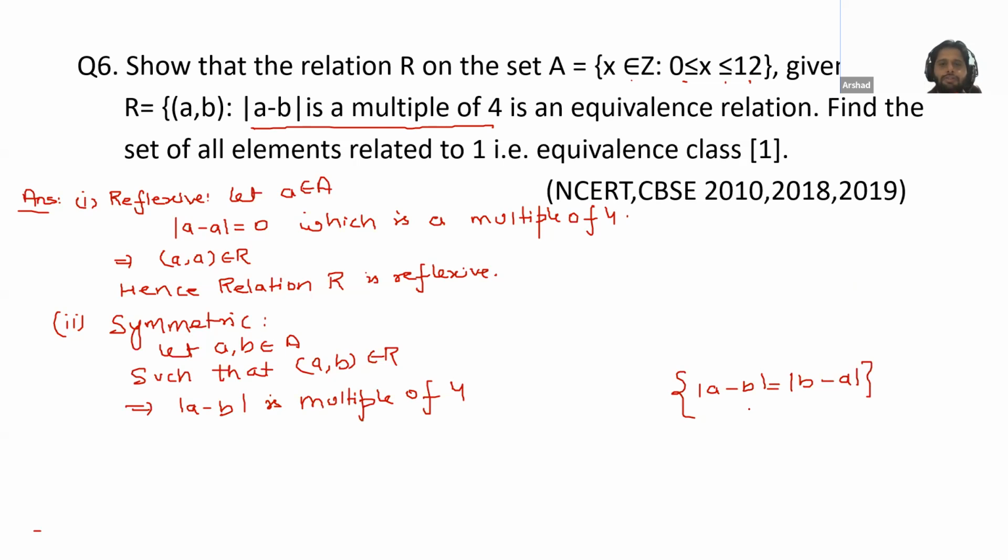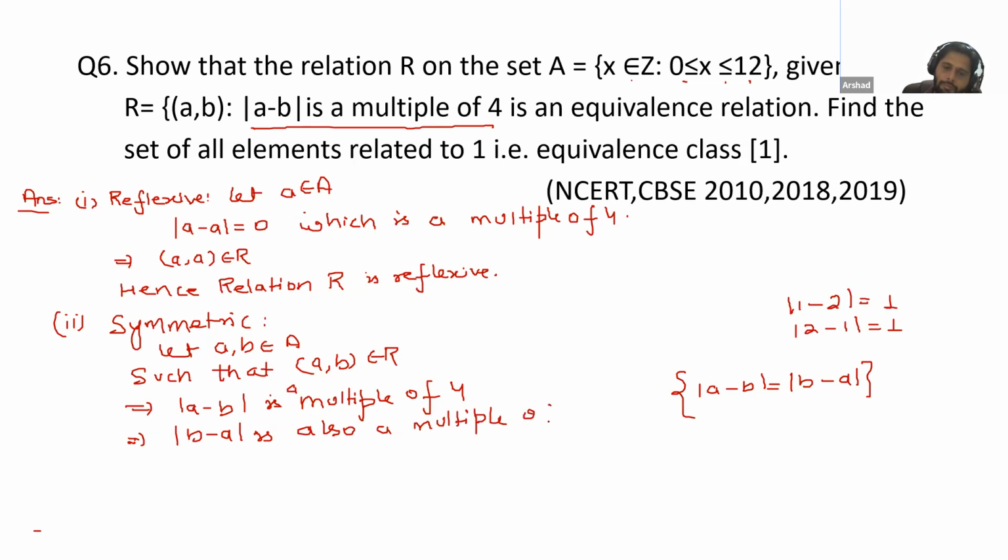Because 1 minus 2 is minus 1, and if you find 2 minus 1, you will again get 1. So the modulus of a minus b is a multiple of 4. This implies b minus a is also a multiple of 4. This implies (b, a) belongs to the relation R.